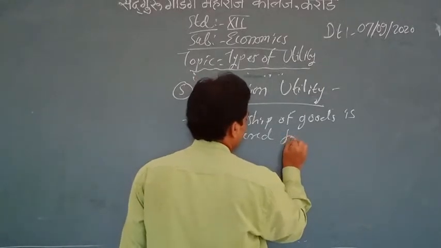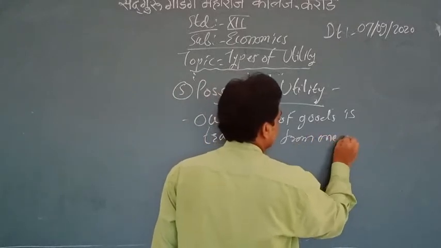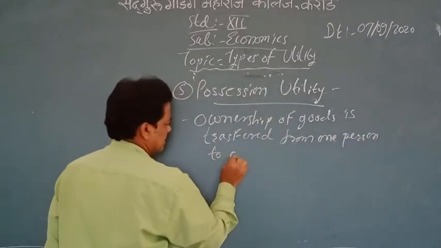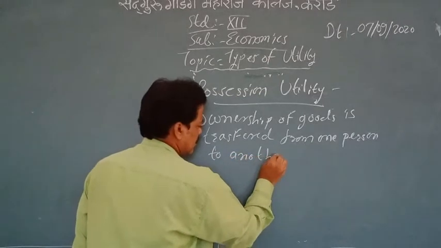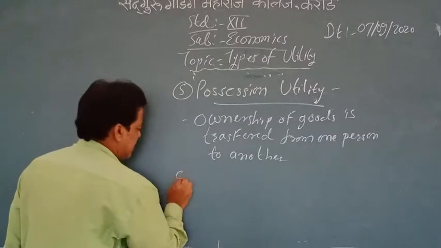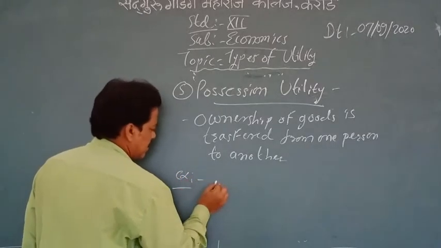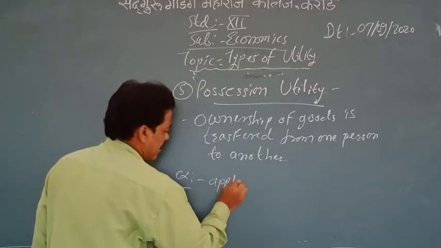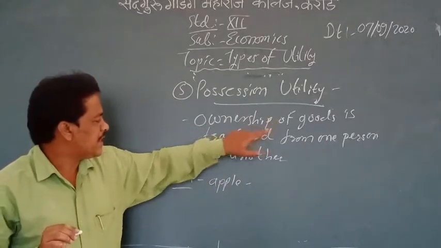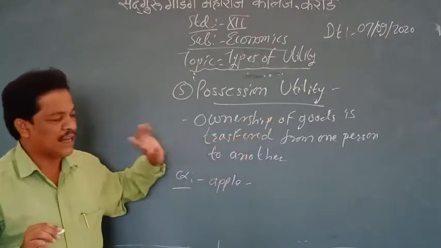Transferred from one person to another. See, an example. I will give an example of an apple. First, understand that ownership of goods is transferred from one person to another.